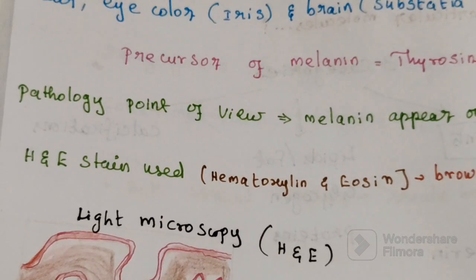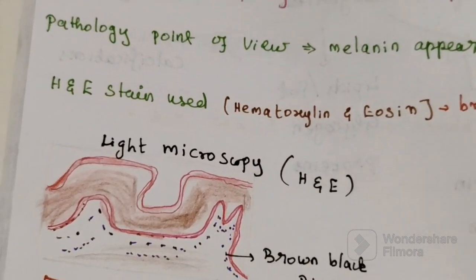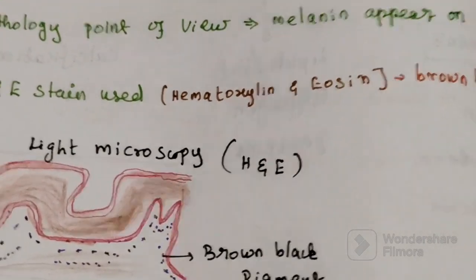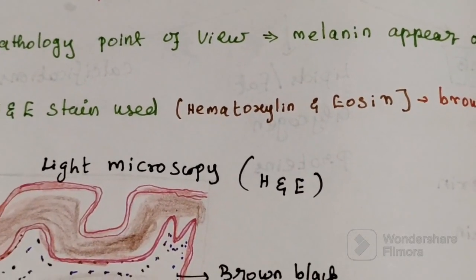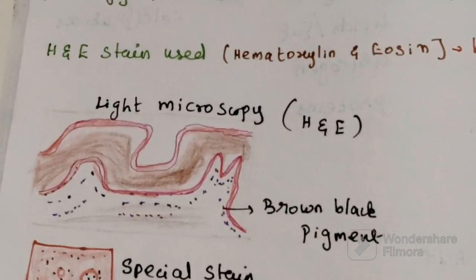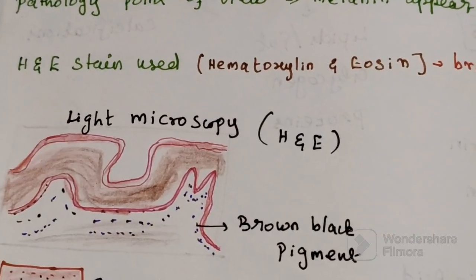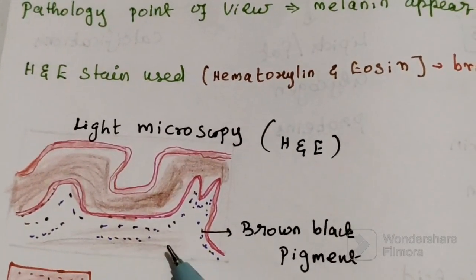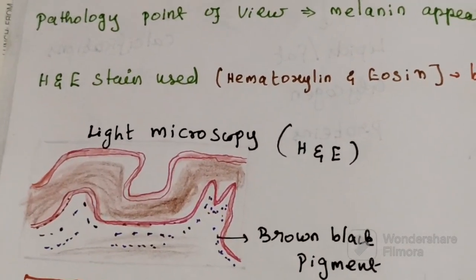On light microscope with H&E stain, hematoxylin and eosin staining, it appears in the basal layer. One additional color you can see here is brown color, a brown black pigment.